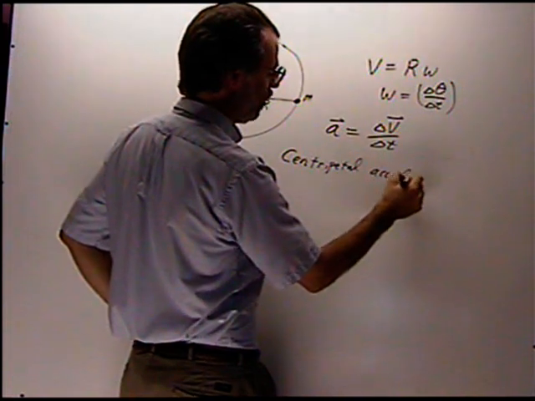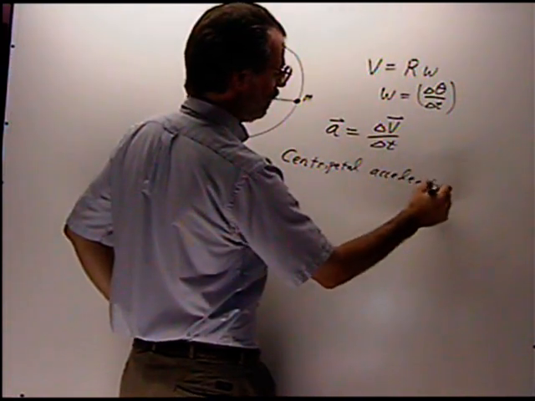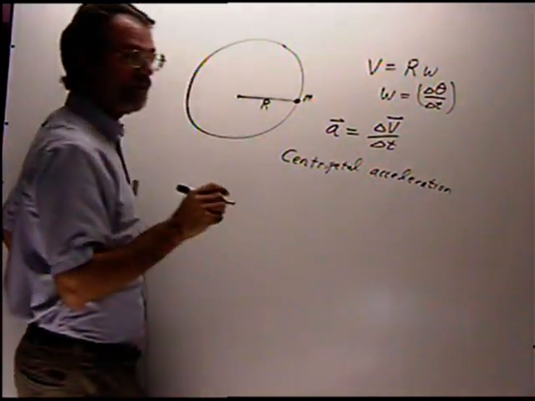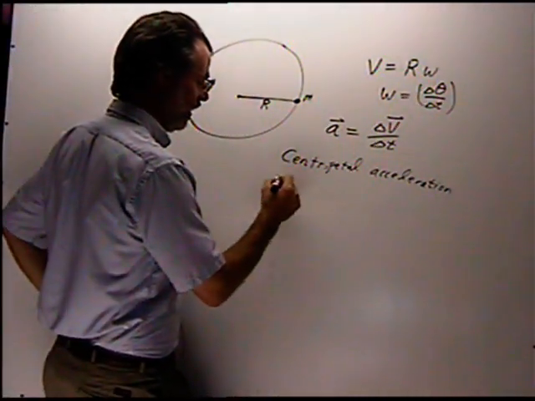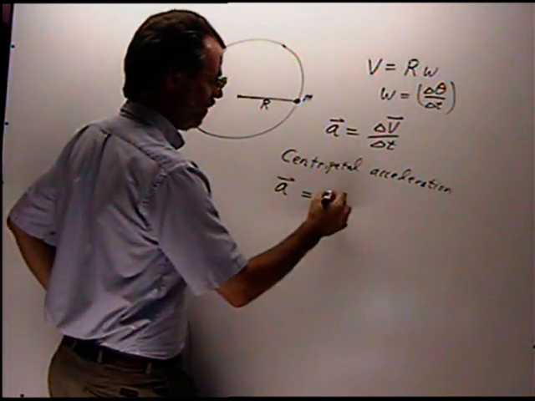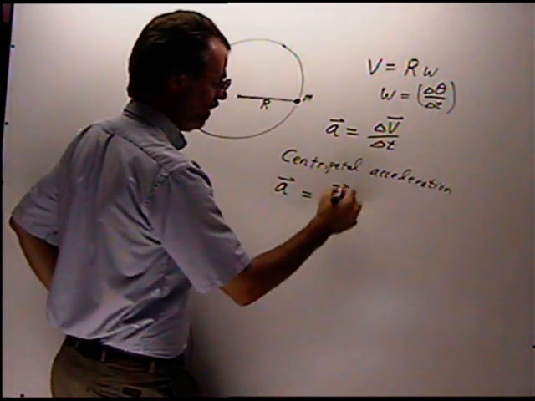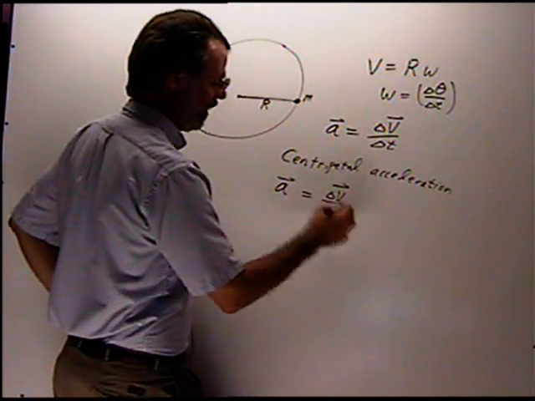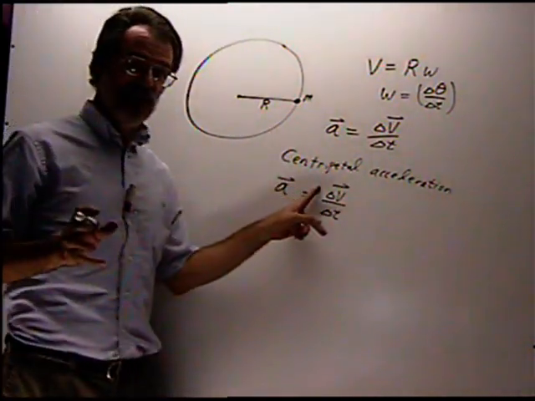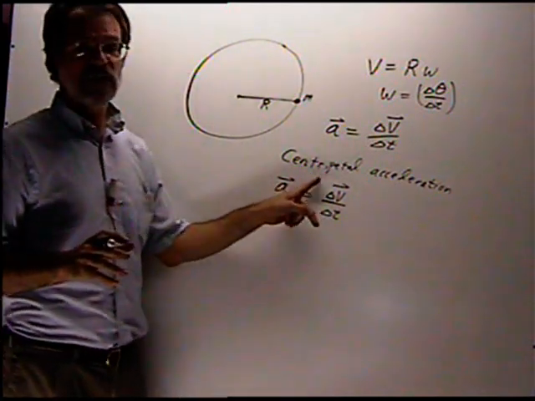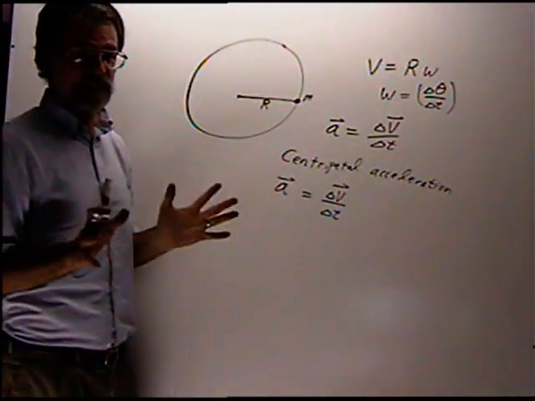The rock has to be experiencing a centripetal acceleration, and it's a vector quantity, a change in velocity divided by the change in time. But we know that the magnitude isn't changing, so what's changing? The direction. Well, how do we deal with that mathematically?